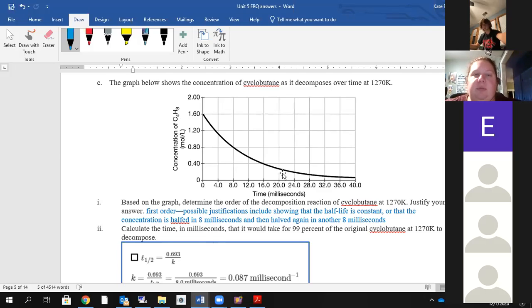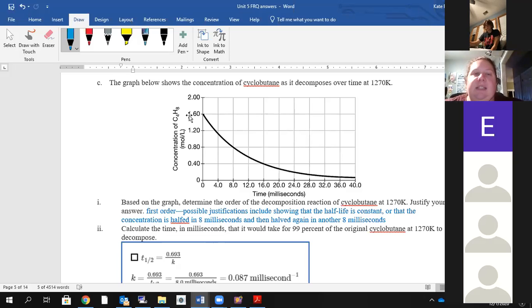So my choices are between first order and second order. You could technically take the natural log of all of these data points and see if you get a straight line. But a much quicker way is to talk about half-lives, and the half-lives of a first order reaction are always constant. They're always consistent.